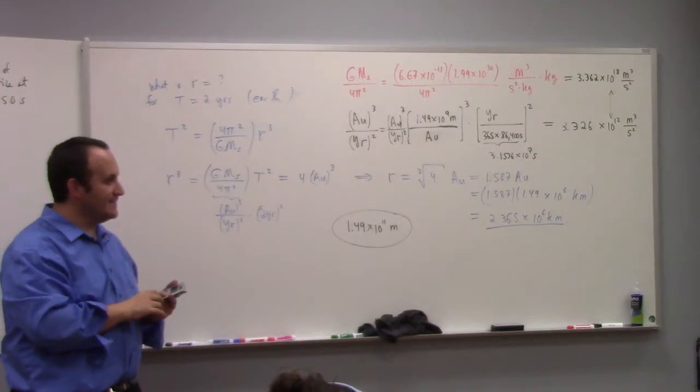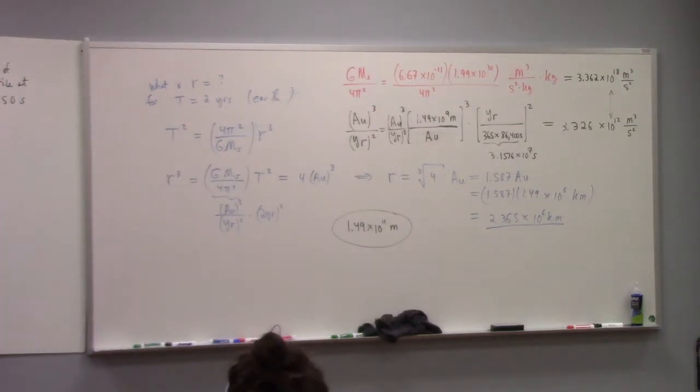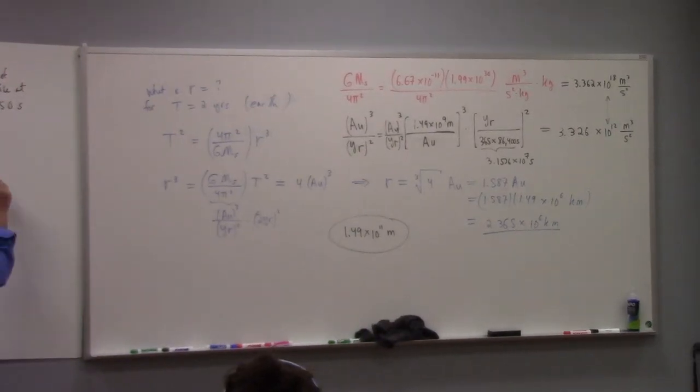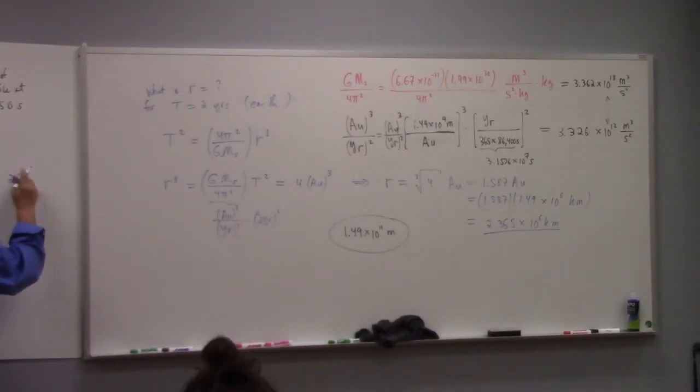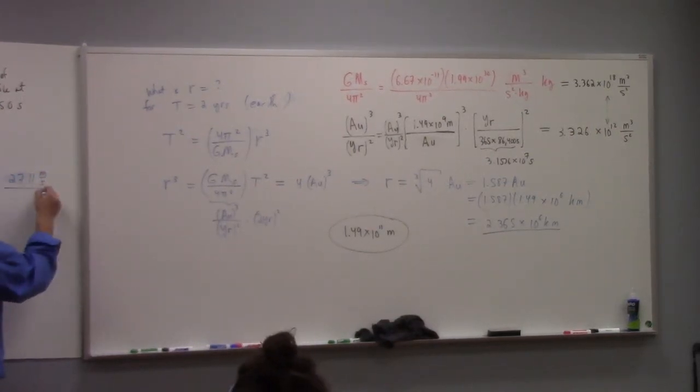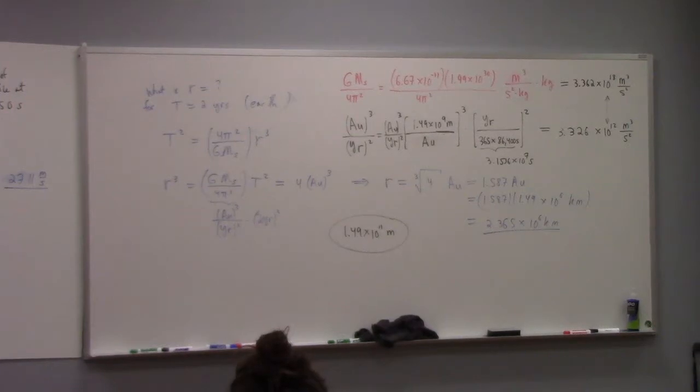I'll make sure I'm in degree mode here. 27.11 meters per second is the constant. There you go. That's the x velocity for all time in this problem.